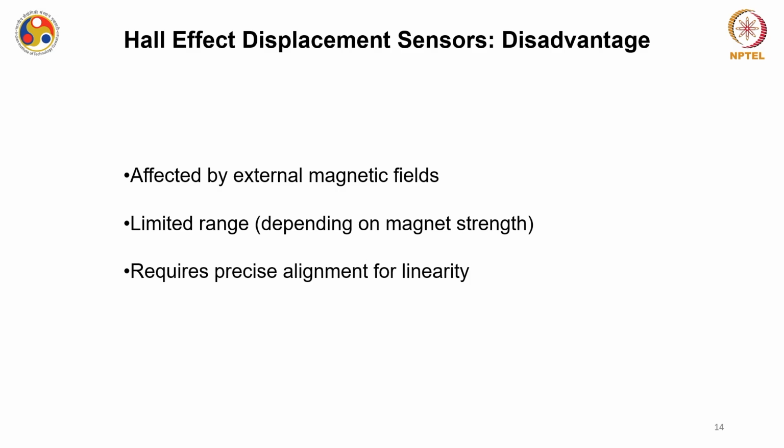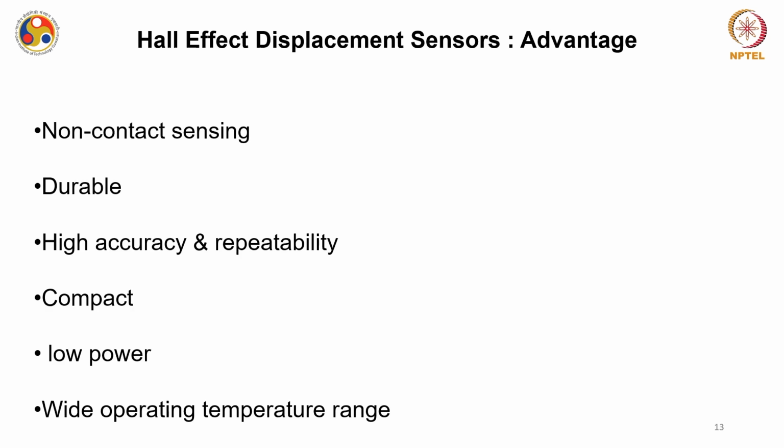Although you can still harvest the linear part from this non-linear data, the alignment is very important, because you have a cross product involved in the equations of the Hall effect, and because of that the angle between the current flow and the magnetic field will affect the linearity of the device. So because of these things, although this device is very popular, for specific applications you may have to look for other kinds of devices.